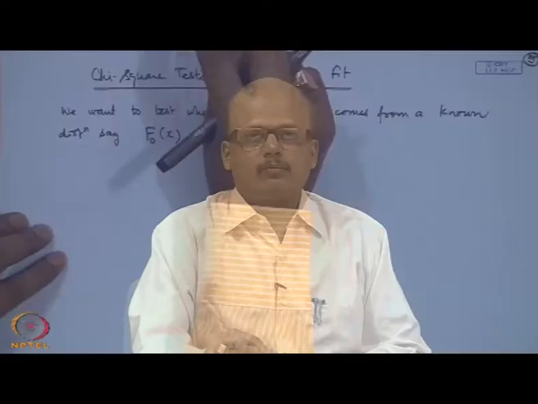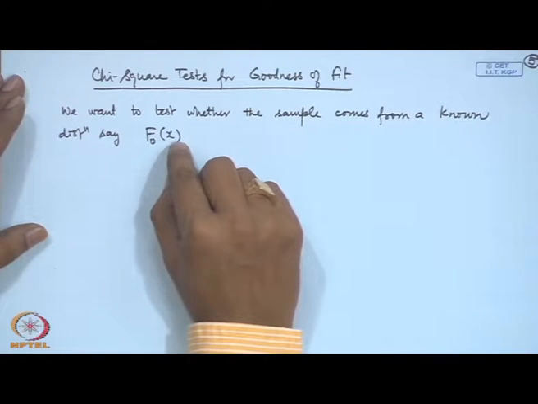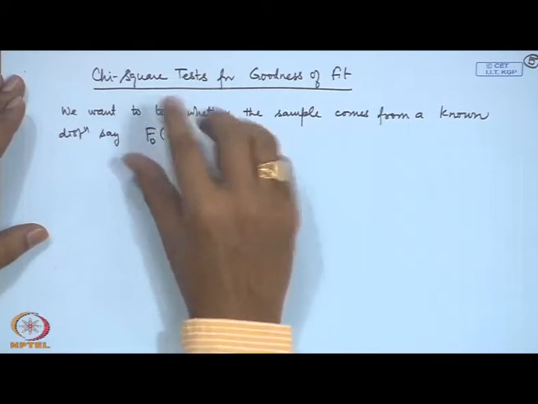In the previous problems, in the usual parametric methods, what we are considering is that we are assuming the form of the distribution, like normal distribution, binomial distribution, or I have also given the examples of say exponential distribution or a Poisson distribution. But there can be situations where we would like to test whether we will have a particular distribution, say binomial distribution or a uniform distribution or a Poisson distribution, etcetera. In that case, we will say that the sample comes from a known distribution, say f naught x. So, we want to test that.